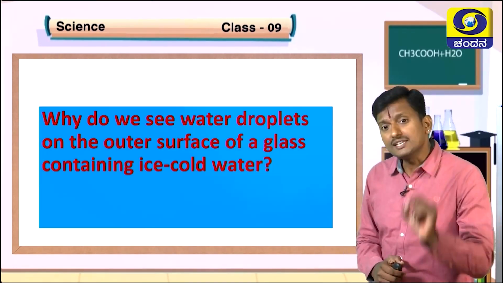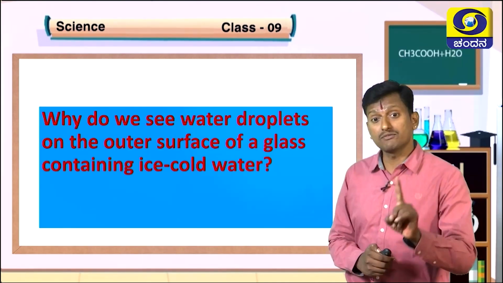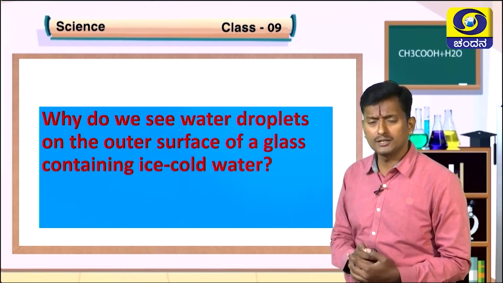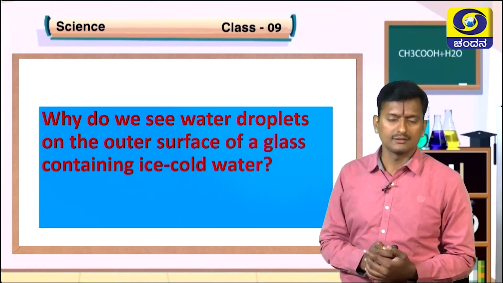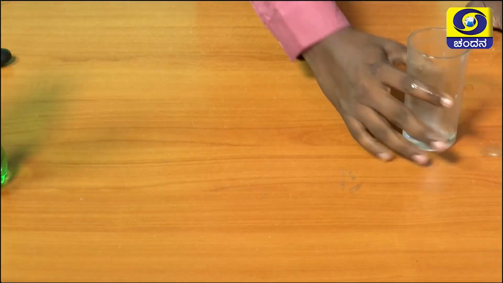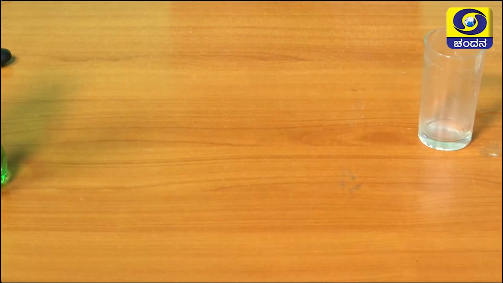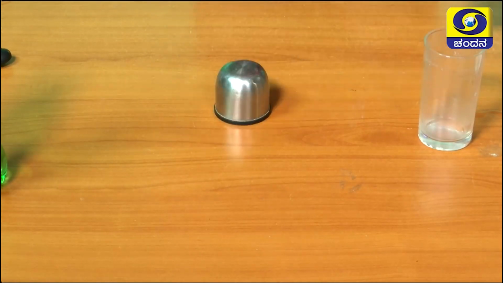Why do we see water droplets on the outer surface of glass containing ice cold water? Okay, I will show this by doing an activity in front of you. Now students, I will take ice cold water in a glass container.